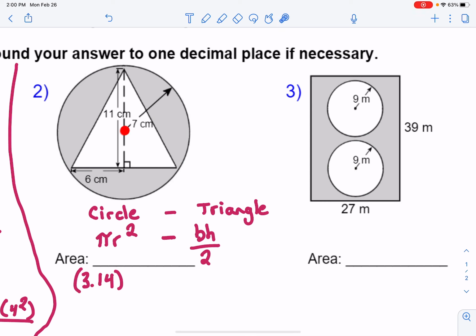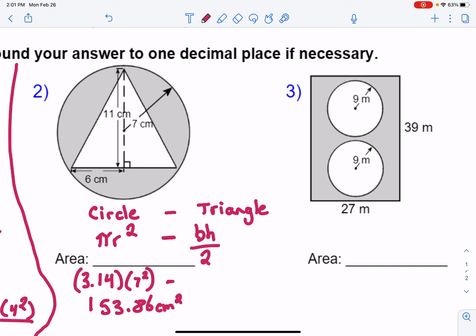So the center of our circle to the edge of the circle is 7 centimeters. So we've got 3.14 times 7 squared for the area of our circle. 7 squared is 7 times 7, which is 49. 49 times 3.14 is 153.86 centimeters squared. That's the area of the circle.